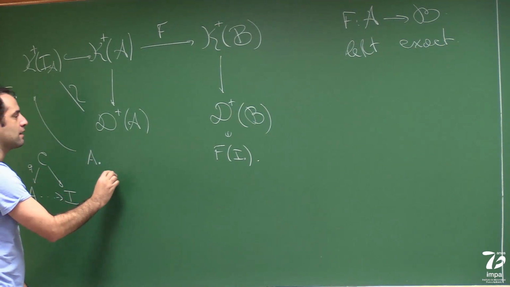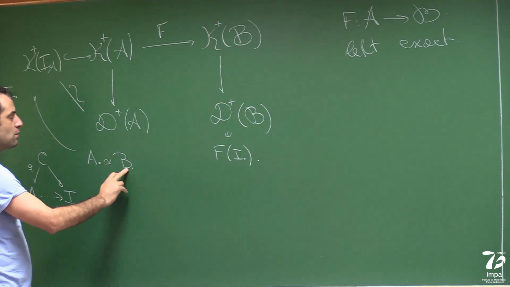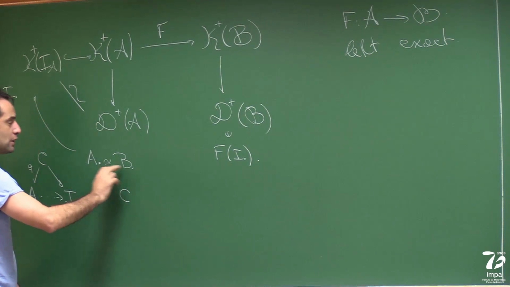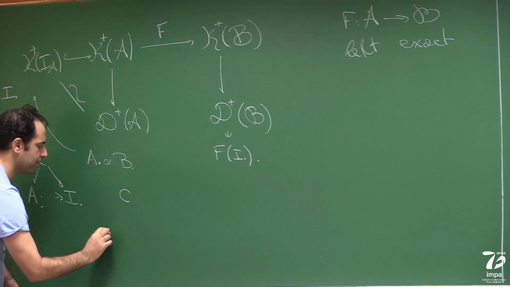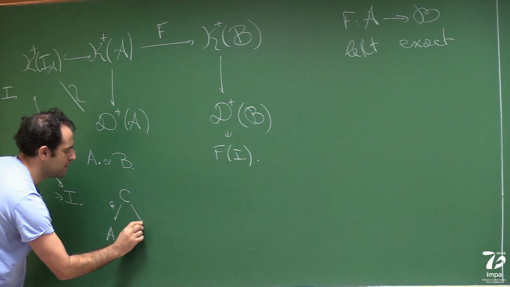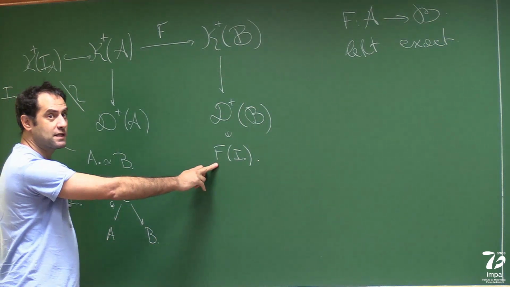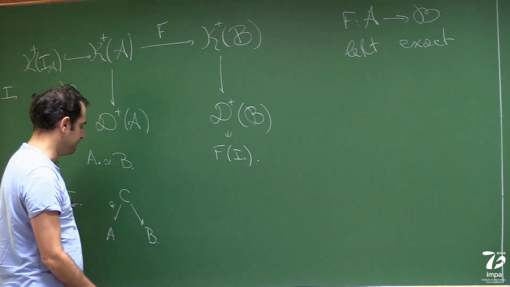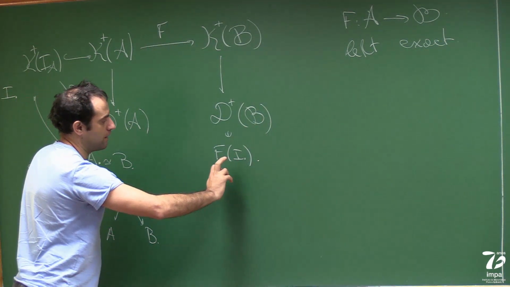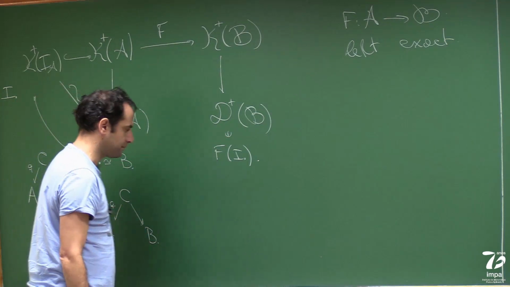Namely, if I pick another B and a quasi-isomorphism between them, or even stronger, if I pick an actual isomorphism in this category, that means if I have a quasi-isomorphism like this and a map to B, then I would get the same object here. In other words, I will find this guy, but up to isomorphism in this category.